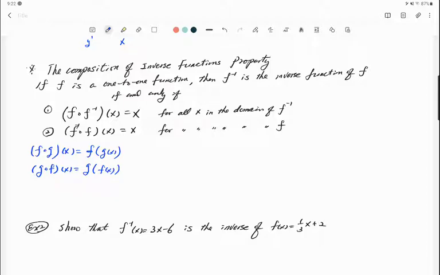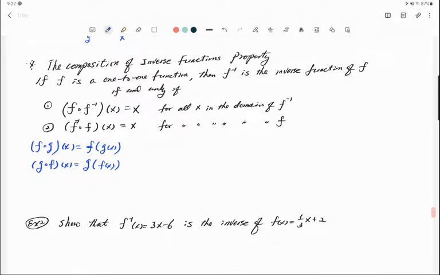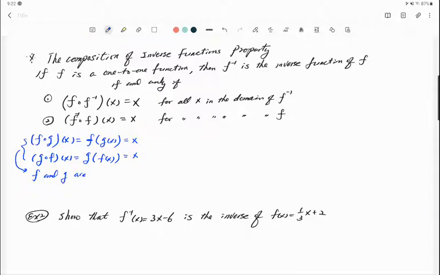That is the composition function, right? So if f circle g is equal to x, and g circle f is x, then if this is satisfied, the functions f and g are inverse functions of each other.